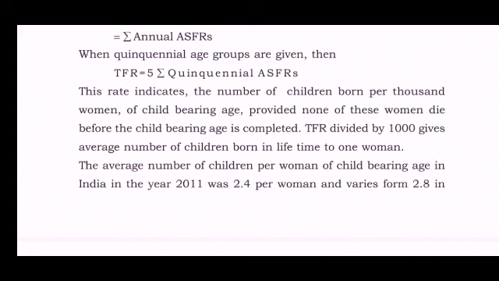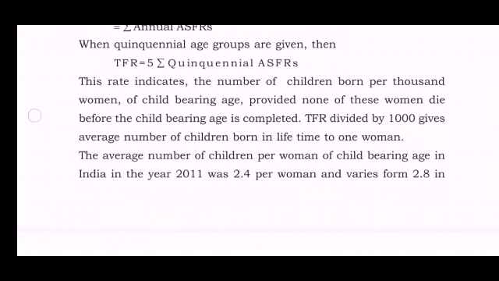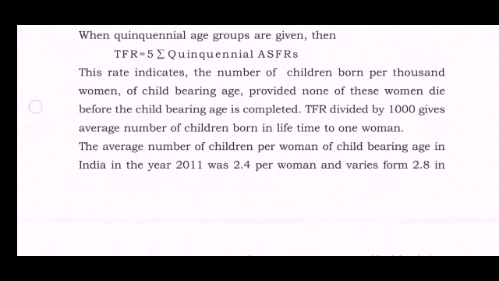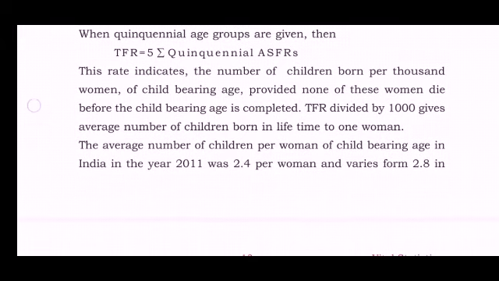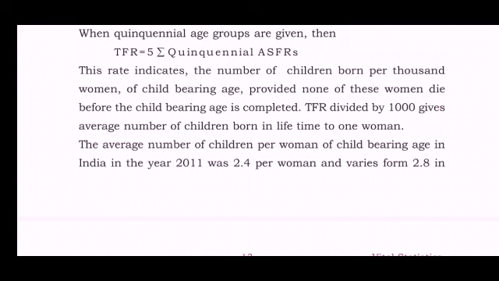That is, how many children a single woman will give birth to during her lifetime. This TFR indicates how many children 1000 women will give birth to. If you divide it by 1000, we get how many children a single woman will give birth to during her lifespan, that is, till her fertility age, 15 to 49 years.